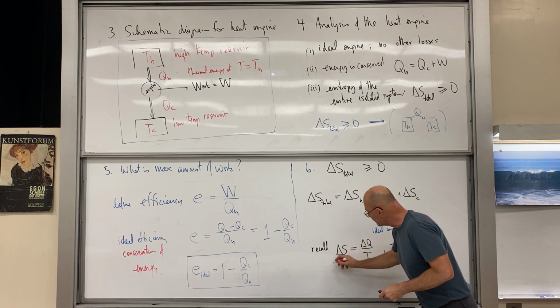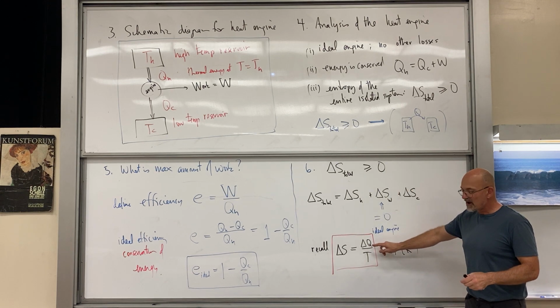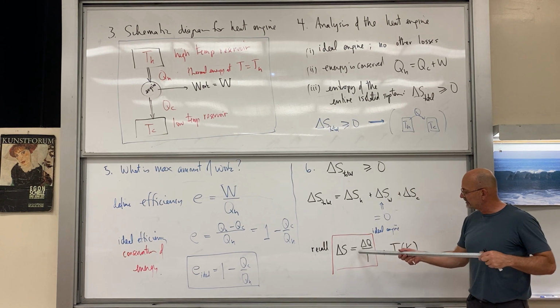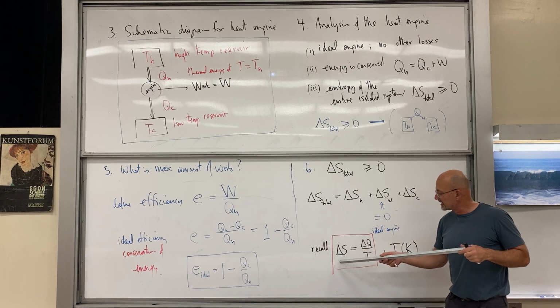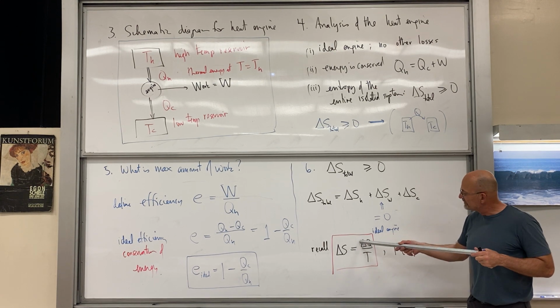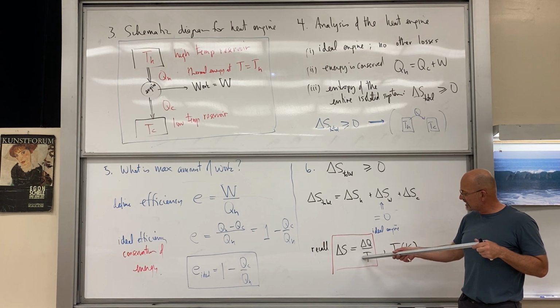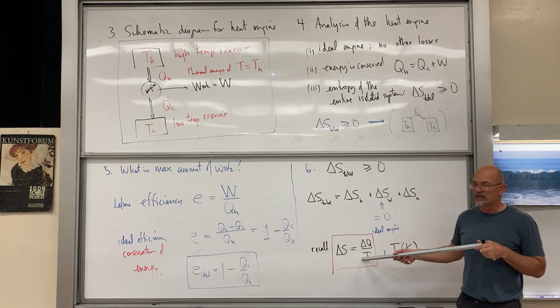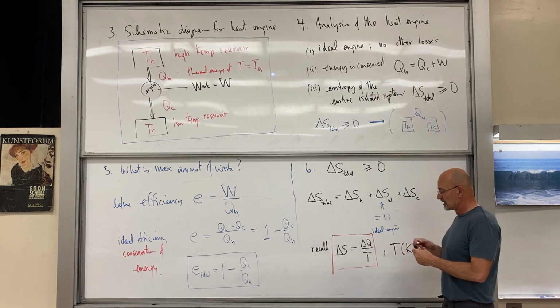So what we're making use of is this fact here. It's the amount of heat that enters or leaves. If the heat enters something, the delta S is positive. If the heat leaves something, the delta S is negative. And the temperature is always positive because it's a Kelvin temperature at which that process occurs.